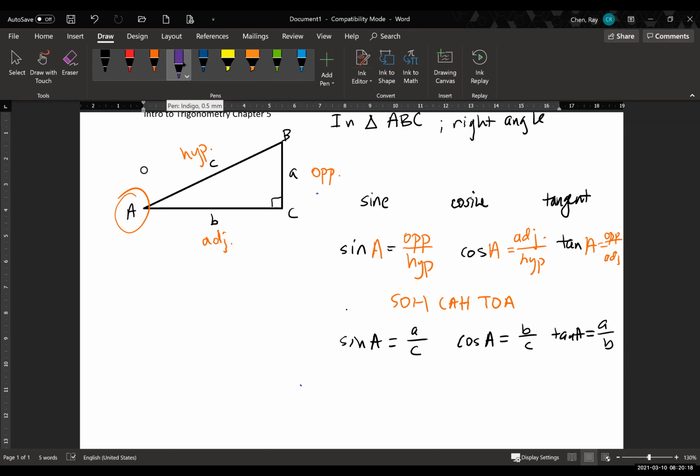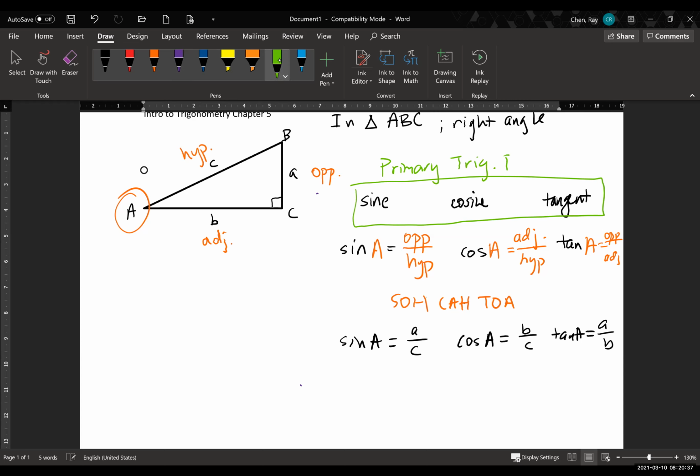That's a ratio. So there is another trigonometry ratio that we're going to teach you. And this is why we do this in grade 11. So let's just recap really quickly. These 3 are called the primary trig ratios. So there's a secondary trig ratio.